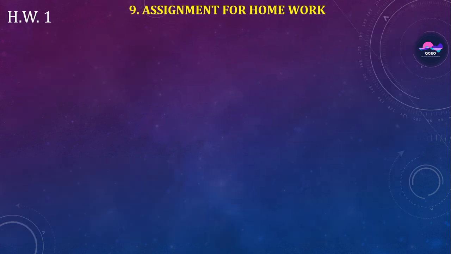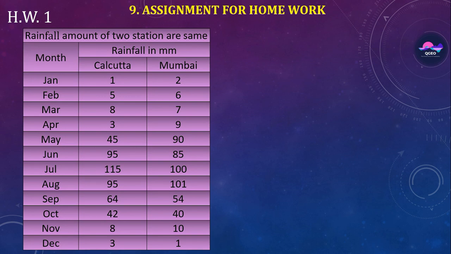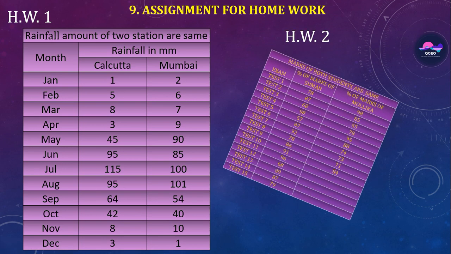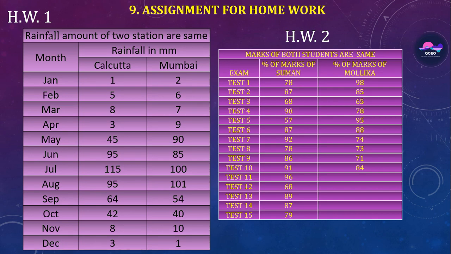Assignment for homework. Here is homework 1: rainfall data of Calcutta and Mumbai. Here 12 months, 2 stations, rainfall amount in millimeters. The hypothesis is the rainfall amounts of the 2 stations are the same. Here is homework 2: marks of both students are the same.